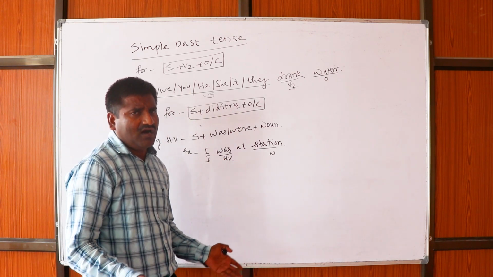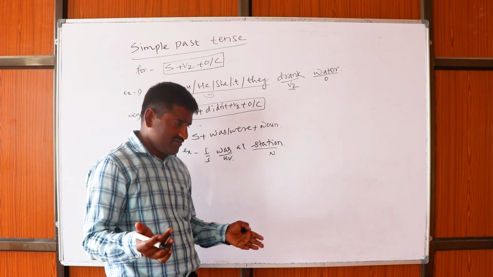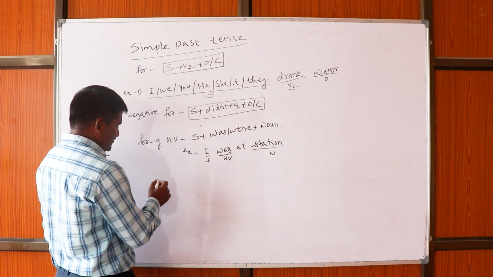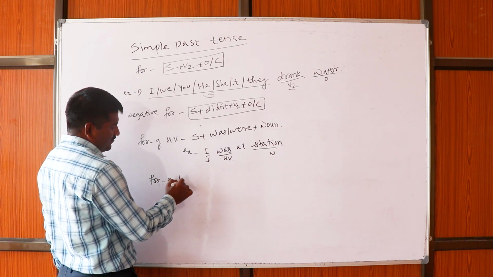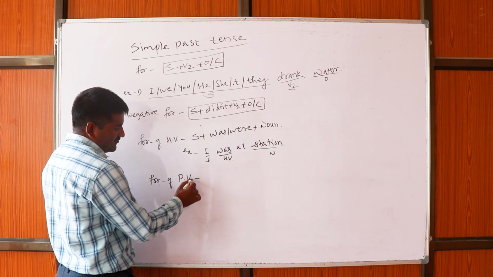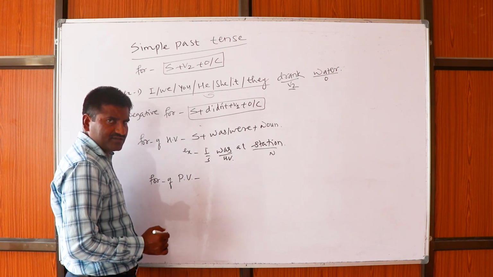But the hard one in simple past, let me introduce. That is the formula of PV, meaning passive voice. Formula of passive voice, that is the hard one.